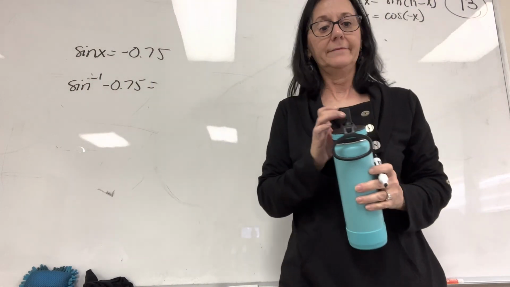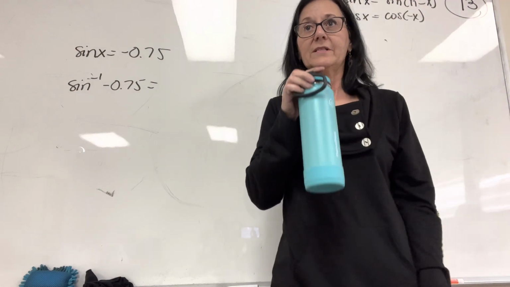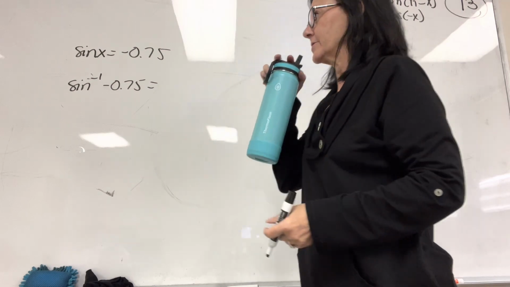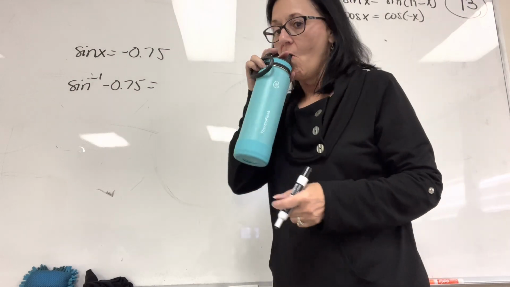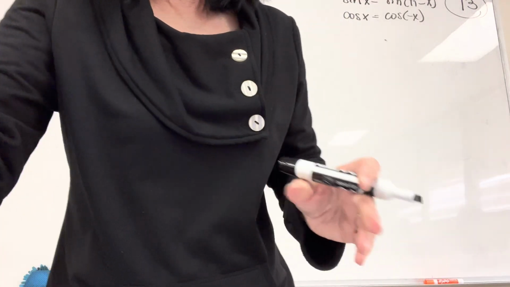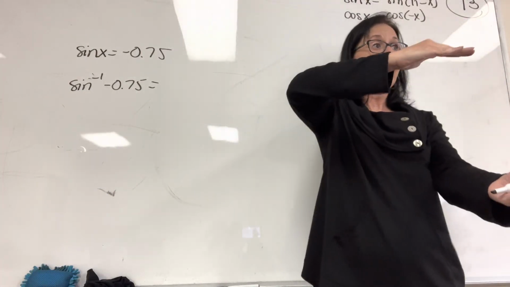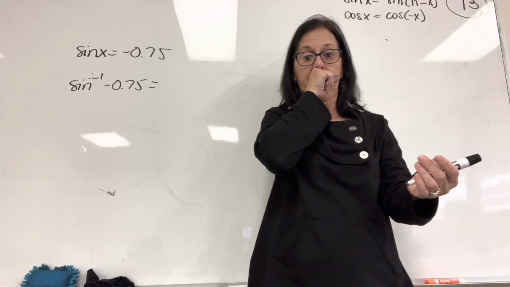It's not on the unit circle. 0.75, 3/4 is not on the unit circle anywhere. So we have to use our calculators. And it better be between negative pi over 2 and 0 because we're in that fourth quadrant.